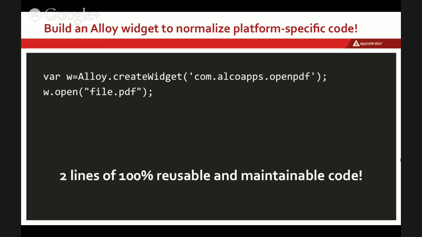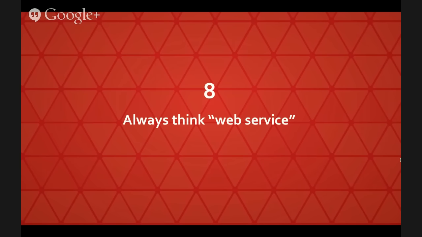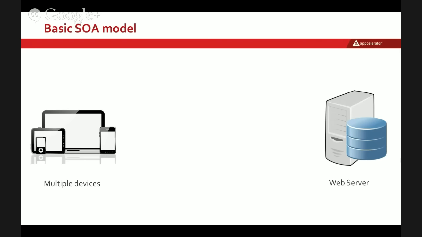Now, in terms of how to organize your code in order to implement this type of logic, one suggestion that I always give is to think web service. And let me explain what I mean by that. The concept of a service-oriented architecture, as it relates to web development, is that you have a web server somewhere, and that web server has access to different network resources like databases and such.